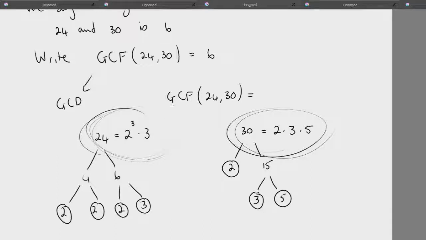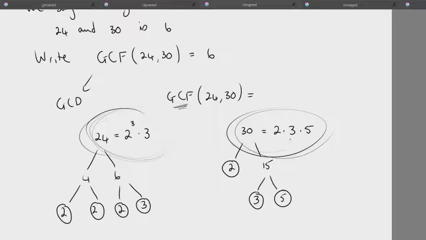What is the greatest common factor, greatest common divisor? It's a number that has to divide into 24. So whatever my answer is, whatever pieces I use in my answer, they can only come from these pieces in 24 because they have to fit into 24. They have to divide into 24.